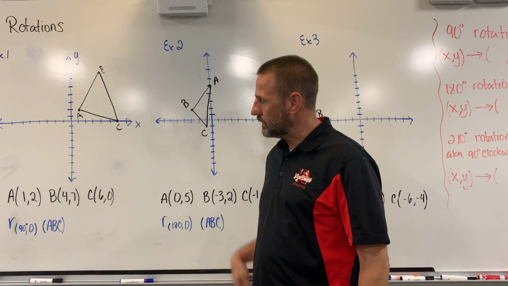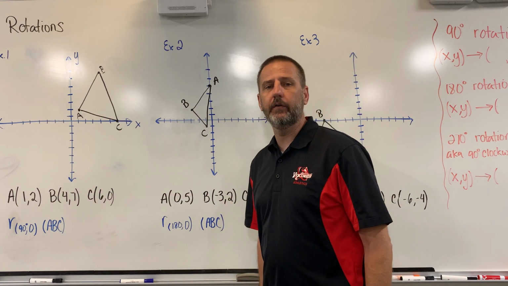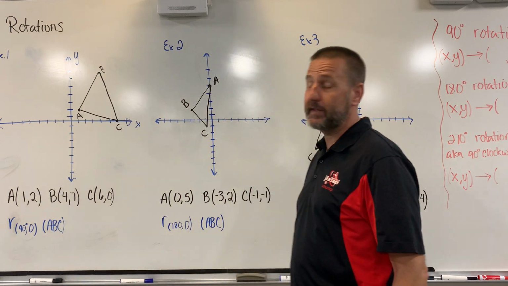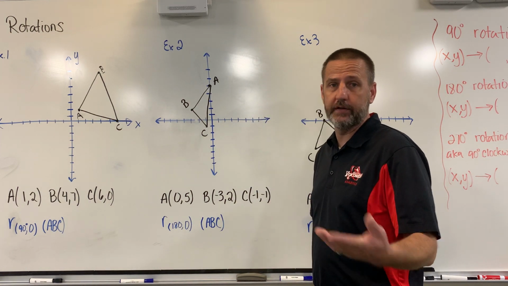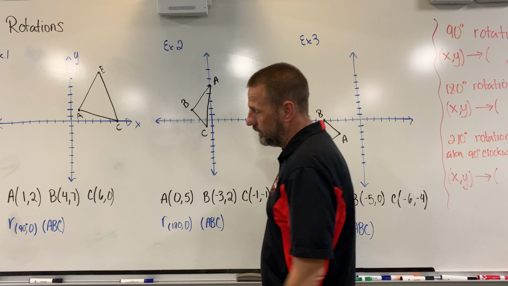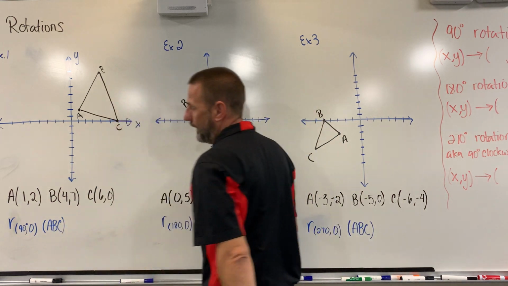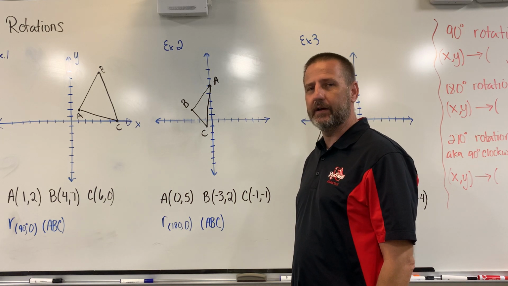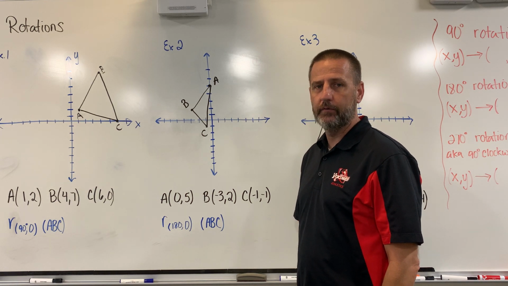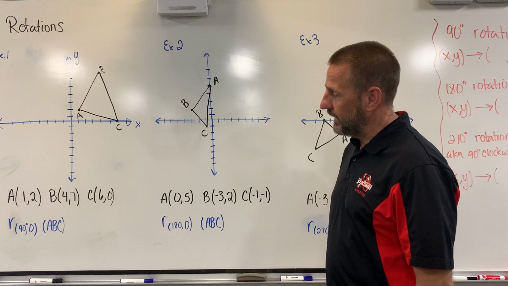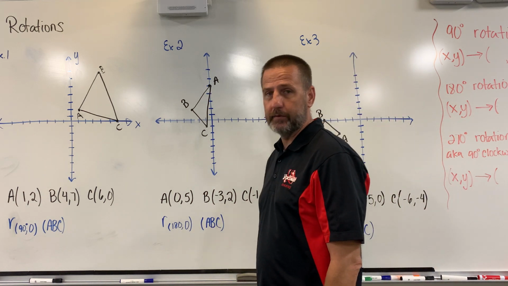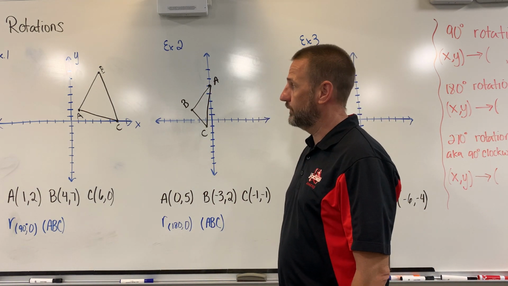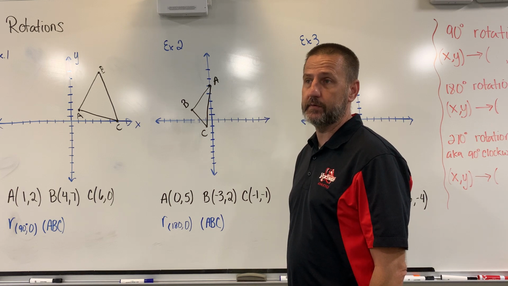Now we use a lowercase r that is not cursive, and the capital R is our reflection. So in the parentheses, we write 90 comma, and that's not a 0, that's actually an O for origin. Then parentheses A, B, and C, which means we're going to rotate the entire figure A, B, C, not just parts of it, every bit of it.